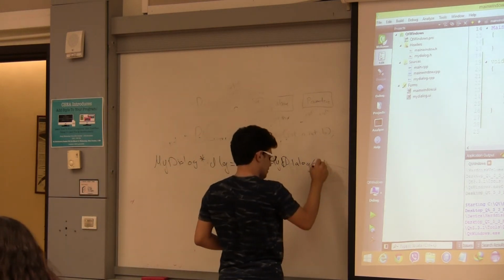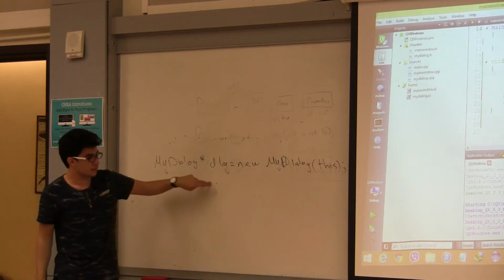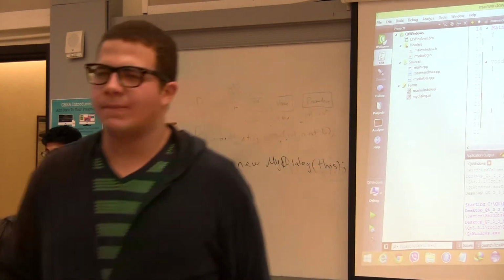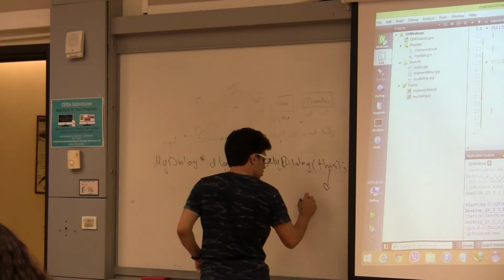So if I say this, it means that this object is a child of this class. Okay, so this here refers to our main window.